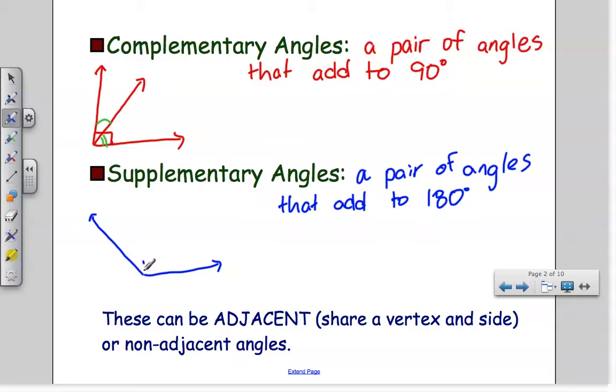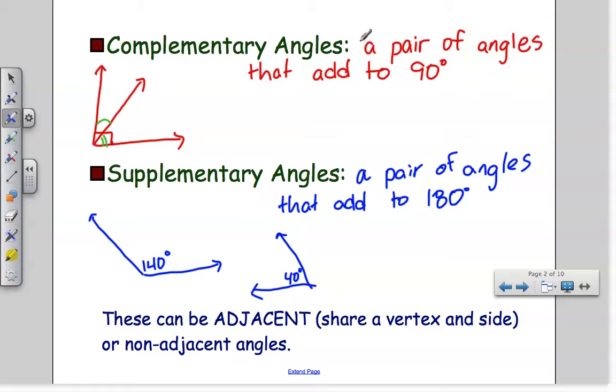If I said that this was, say, 140 degrees, an angle that would be supplementary to that would have to measure what? Well, I need these two angles to add up to 180. So it would have to be 40 degrees, 140, and 40 would give me 180.